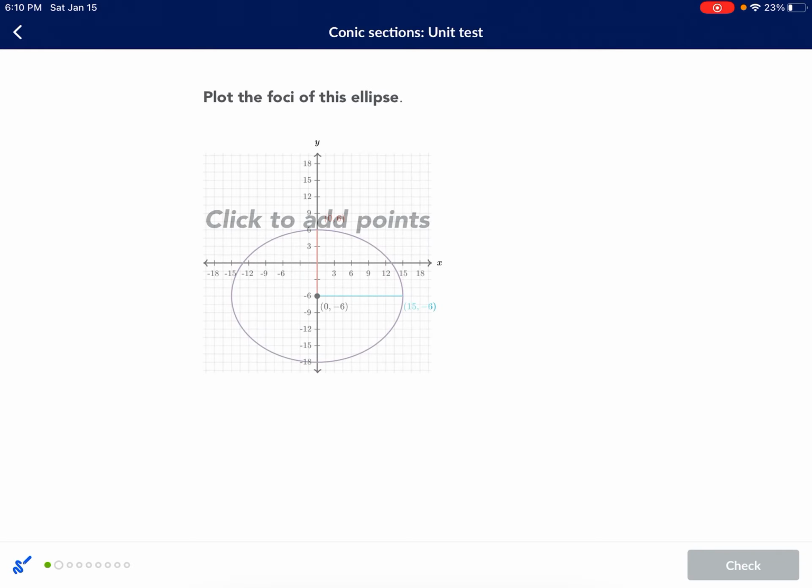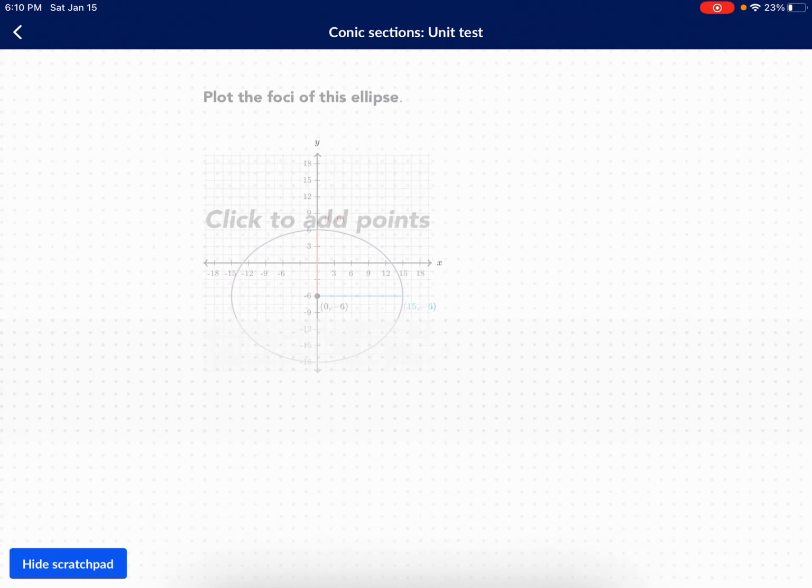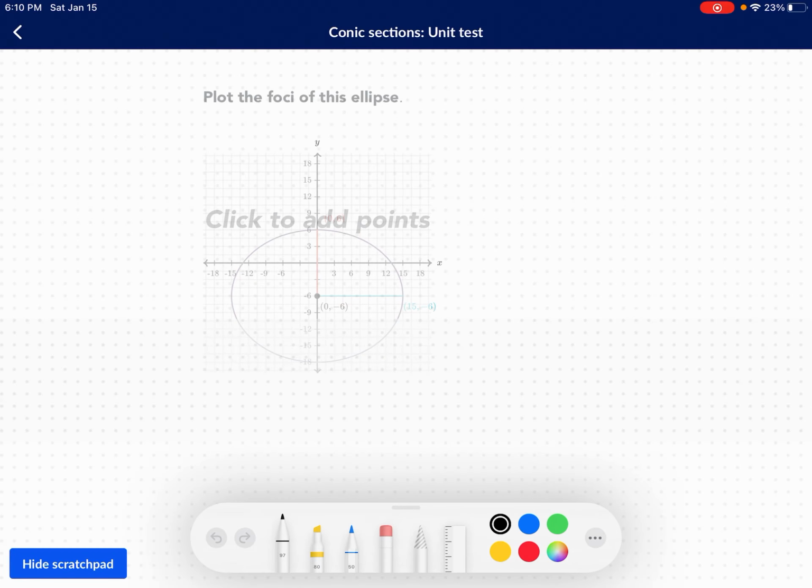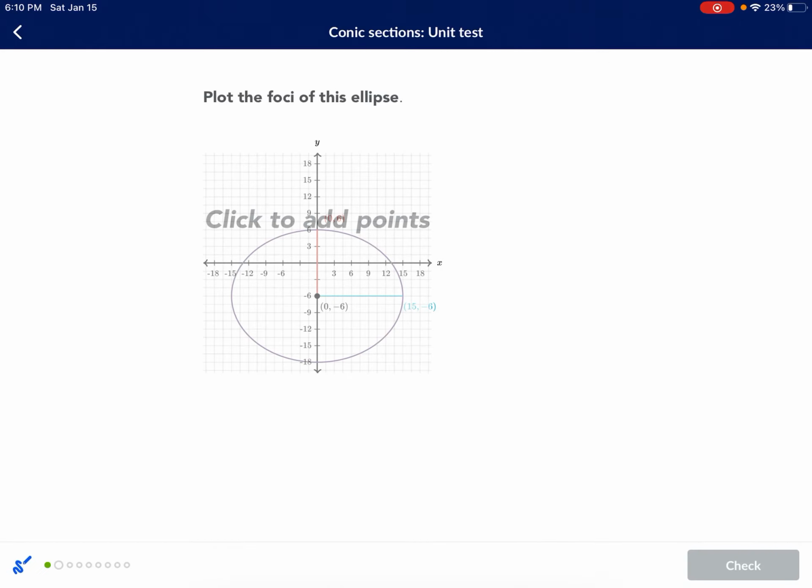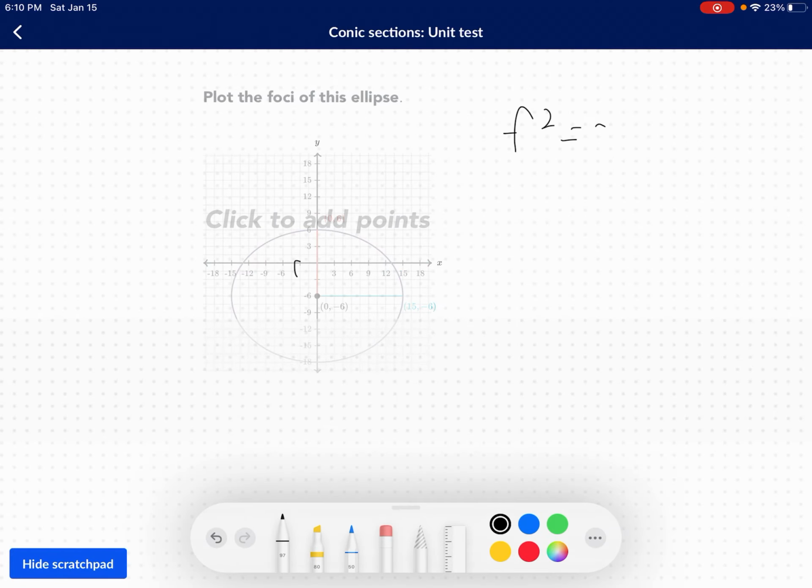Plot the foci of this ellipse. The equation for the focal length of an ellipse is f squared equals the major length squared minus the minor length squared. Here this is 12, this here is 15. It's the x-axis, so it's a squared minus b squared.